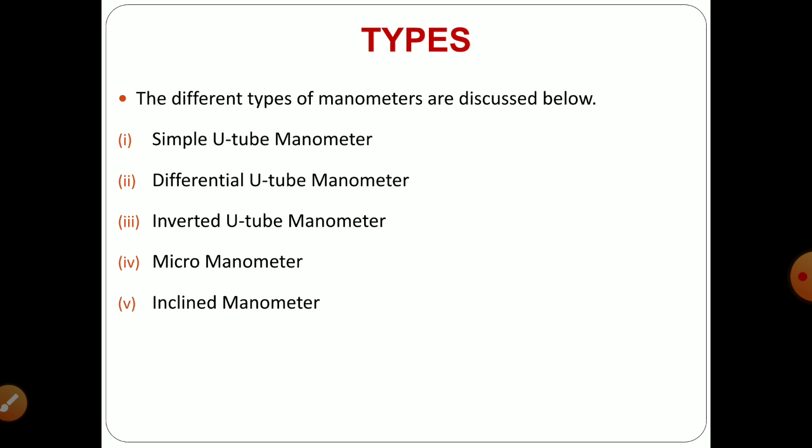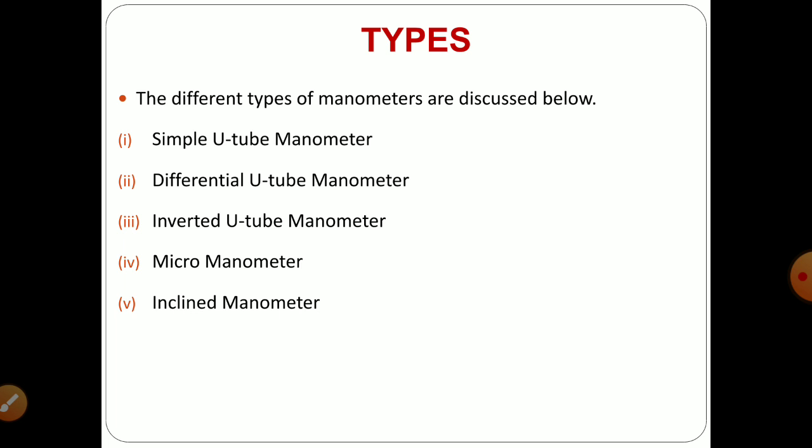When it comes about inverted U-tube manometer, it is reciprocal of U-tube differential manometer. So whatever U-tube manometer you are having, the reciprocal of this U-tube differential manometer will give you the inverted U-tube manometer.